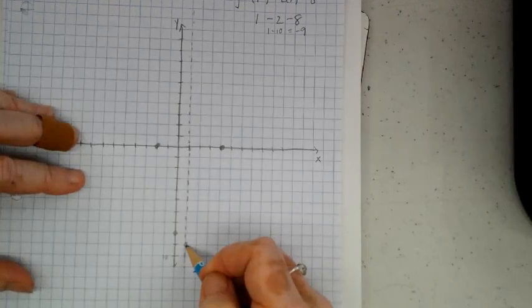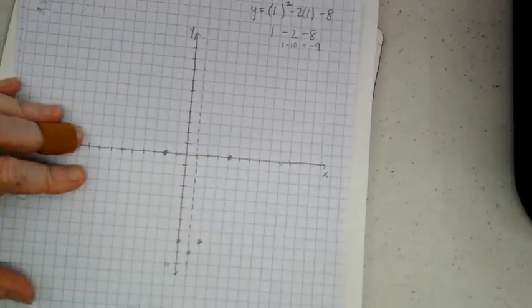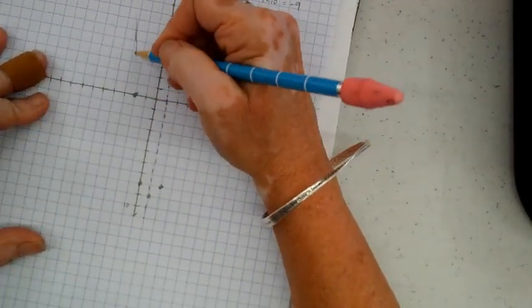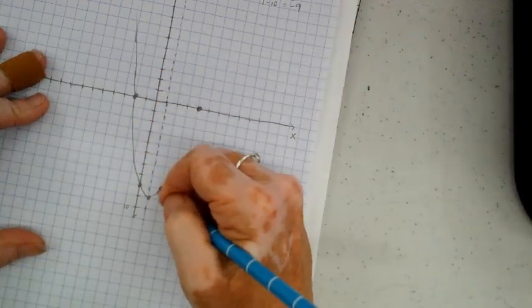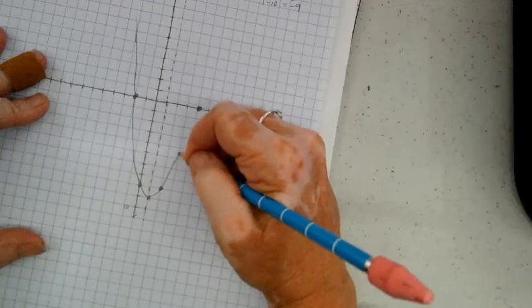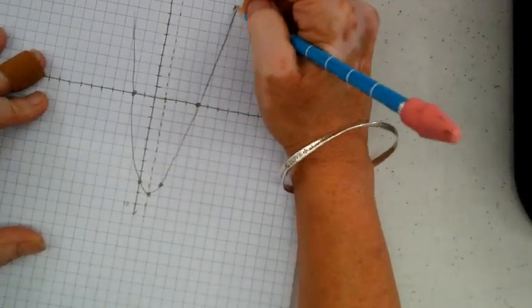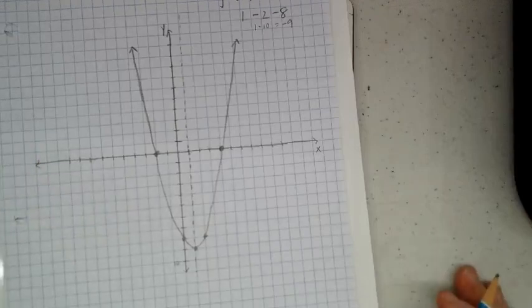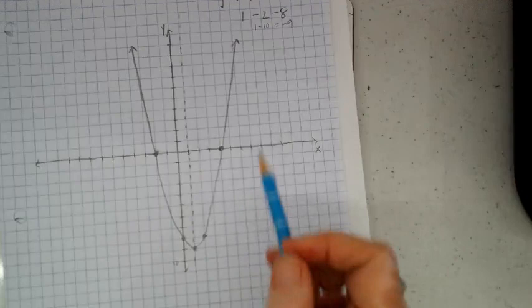This right here, that's my vertex. And then I know it has symmetry like this. And then don't laugh at my drawing, but I'm going to try to draw it. It's not going to be pretty, but I'm going to do my best. Just do your best when you're drawing them. I'm putting arrows on them, and try to draw your parabola. That's good enough. It has all the parts that you need.